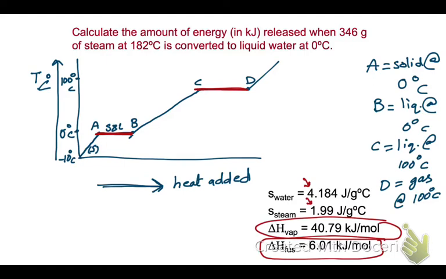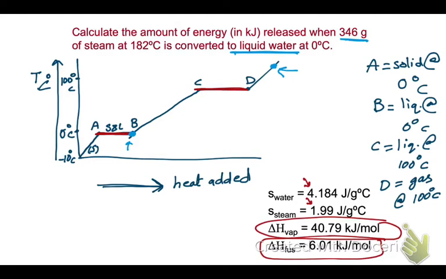They want me to tell them the amount of heat released when 346 grams of steam at 182 degrees Celsius, so the steam is right here, will be converted all the way to liquid at 0. Remember, that is B. So I want to go from this dot right here to this dot right here, which means now we're going to color code our segments.